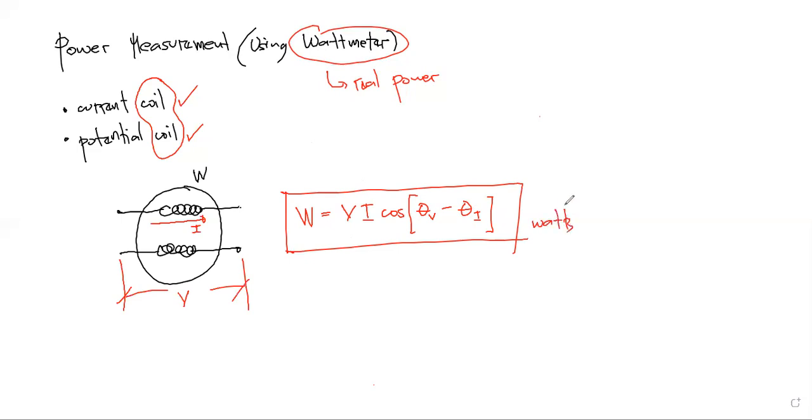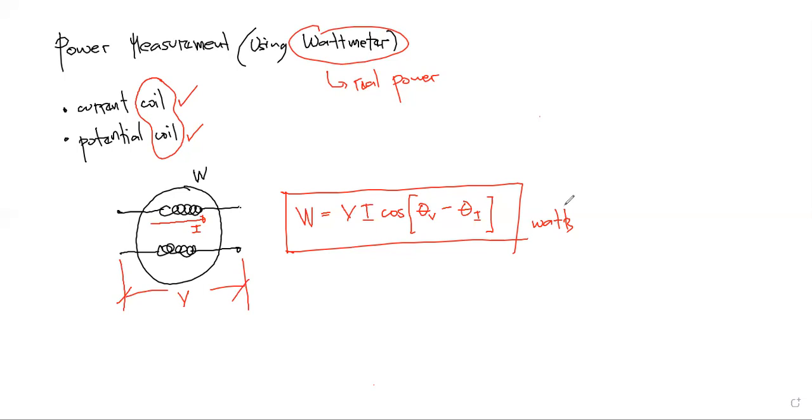As we progress later on, although we define a wattmeter to be a device that measures the real power or the active power, the indication of the wattmeter will also depend on the position of the current coil and the potential coil.